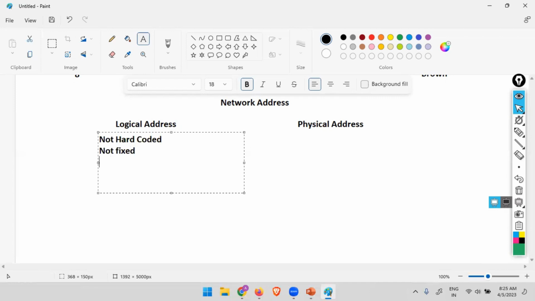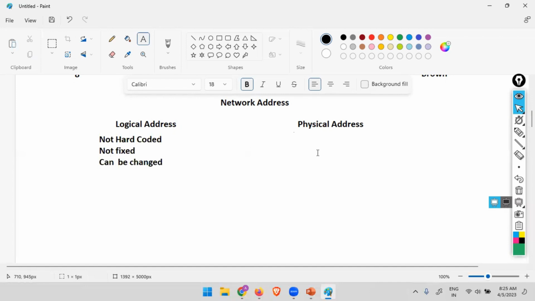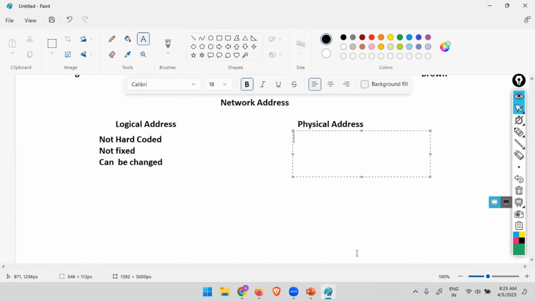So these can be changed. This is clear. On the other hand, your physical addresses are hard coded with the hardware device. So these are also known as fixed addresses, and these cannot be changed.